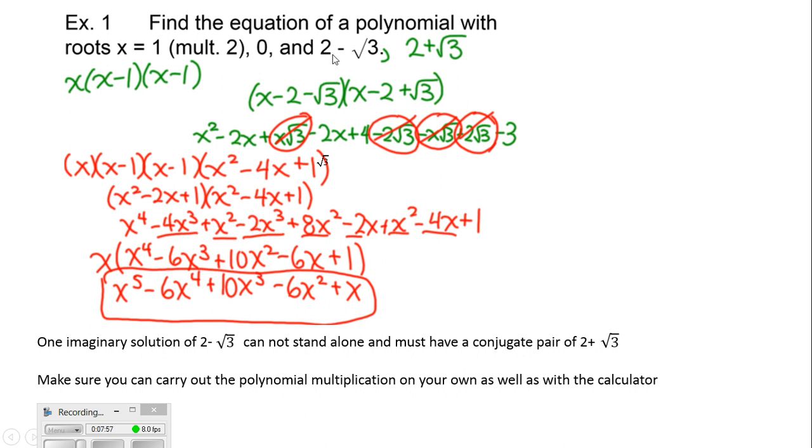And 2 minus root 3 and 2 plus root 3, implying that you have x minus the quantity 2 minus root 3 and x minus 2 plus root 3.